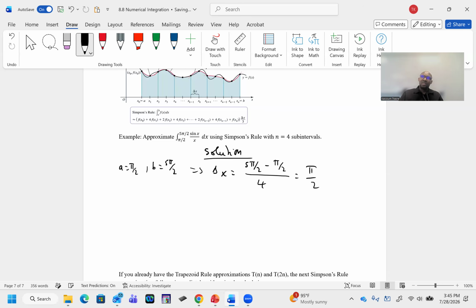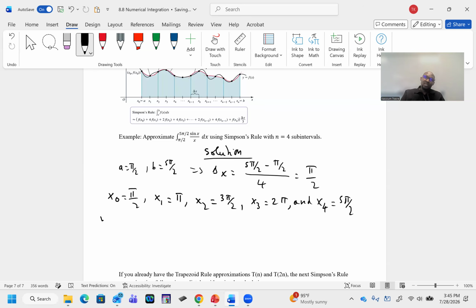And therefore the grid will be: x0 is pi over 2, x1 is pi, x2 is 3 pi over 2, x3 is 2 pi, and x4 is 5 pi over 2.